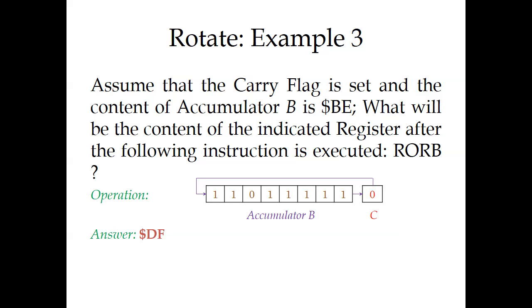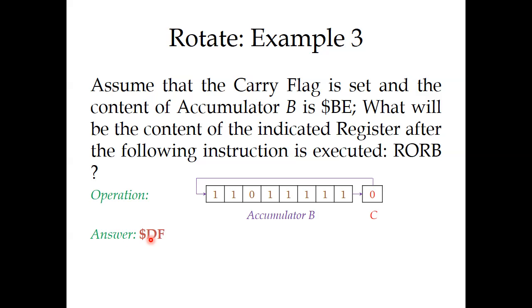Once you do the rotation, everything is pushed one position to the right. You had a 0 here that was pushed to carry, and you had 1 in the carry that was pushed all the way to the left side. Now the new content in accumulator B is 1101, which is D, and 1111, which is F. So basically DF.